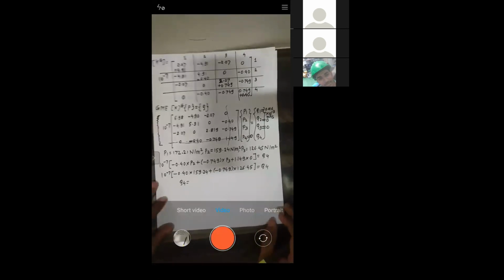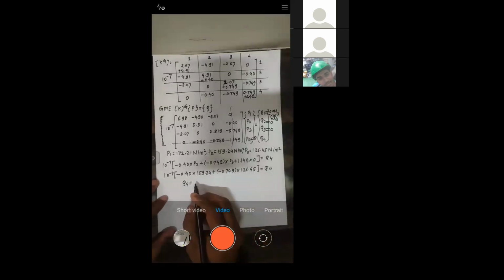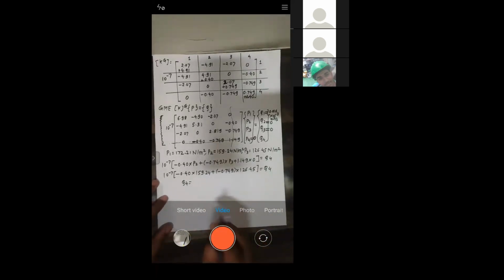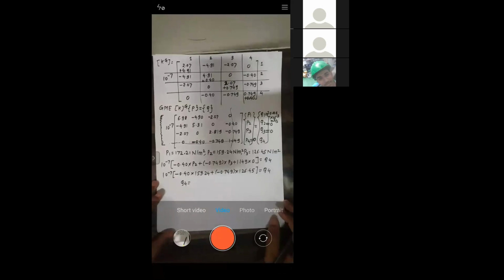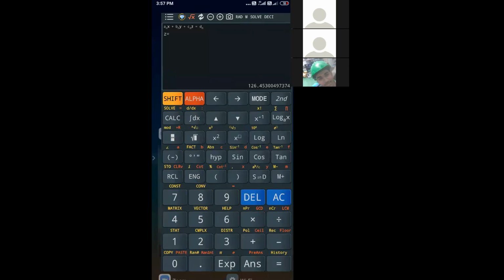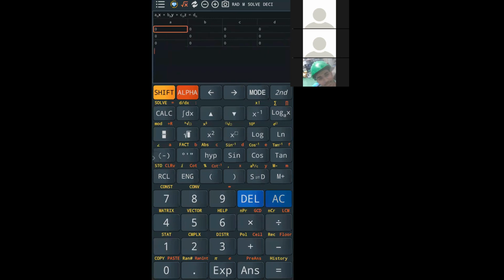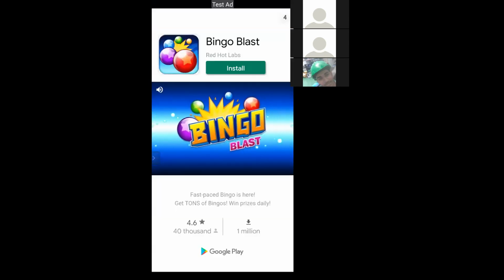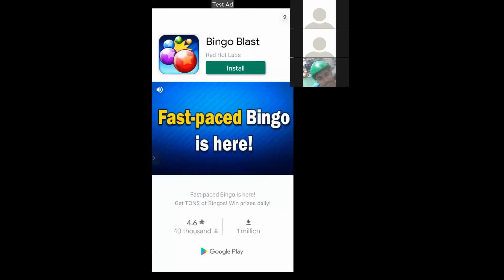What discharge you are getting at point number 4? Tell me, all of you, what value you are getting? Tell me the value of Q4.